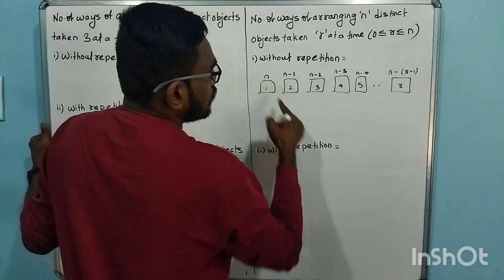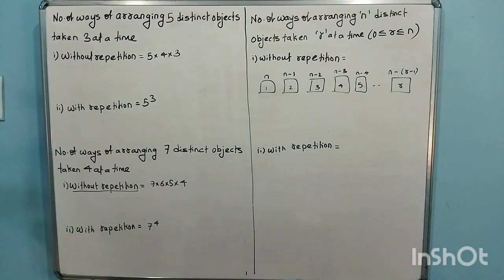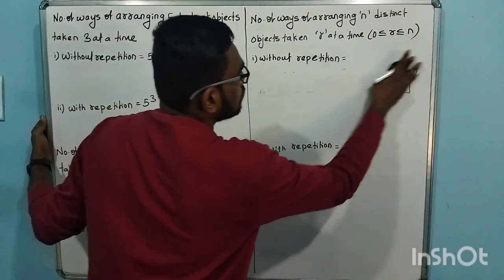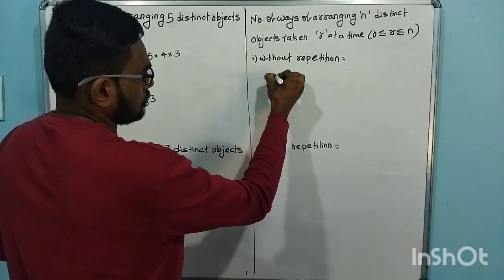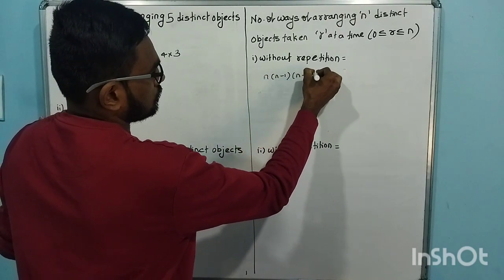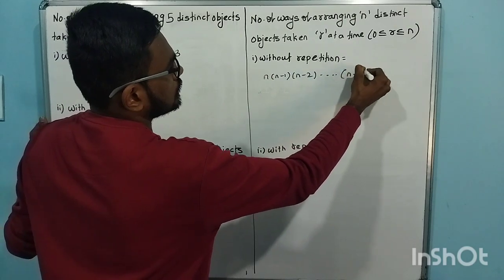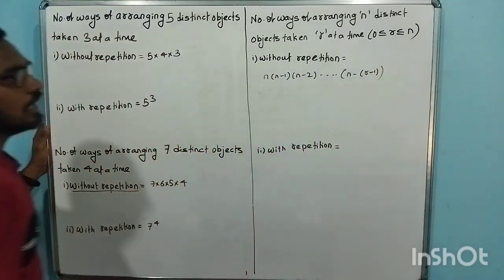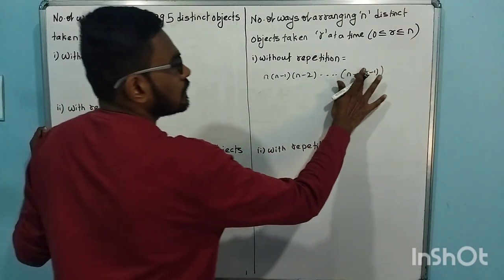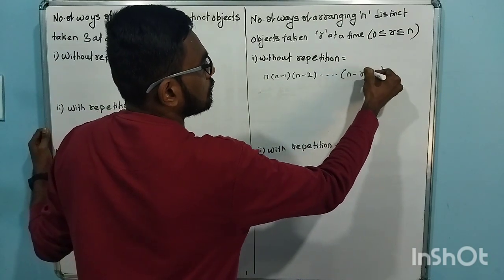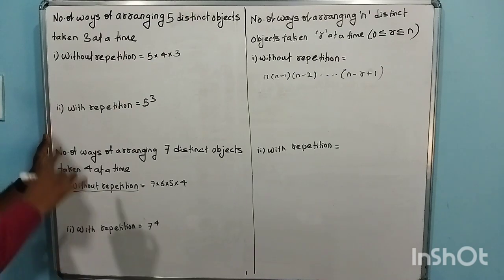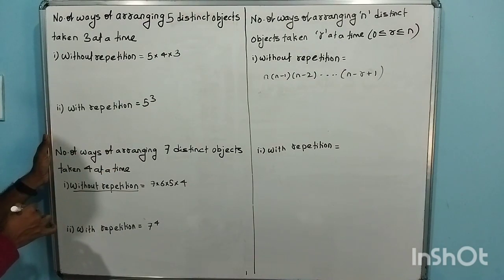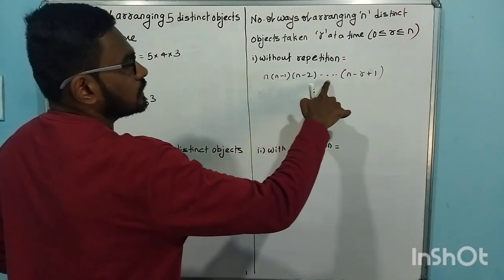So it will be n, n minus 1, n minus 2, and so on, n minus (r minus 1), or you can say n minus r plus 1.